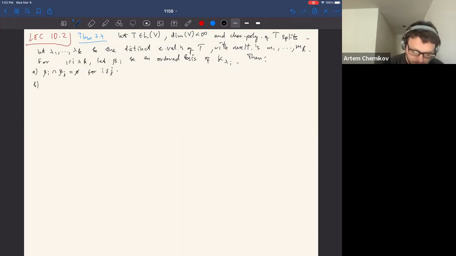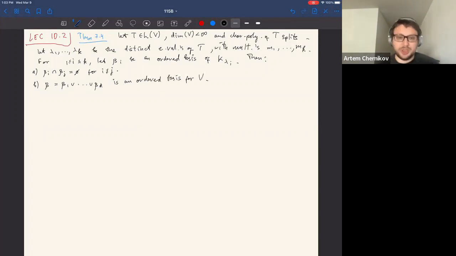Part B: if you take the union of beta 1 through beta k, then beta, which is the union of these, is an ordered basis for the whole space V. And finally, part C: we know the dimension of each of the generalized eigenspaces is equal to the multiplicity of the corresponding eigenvalue, for all i. This is the theorem that we have proved last time.